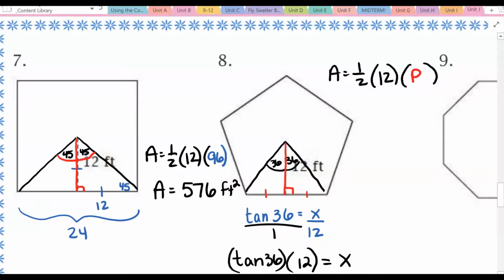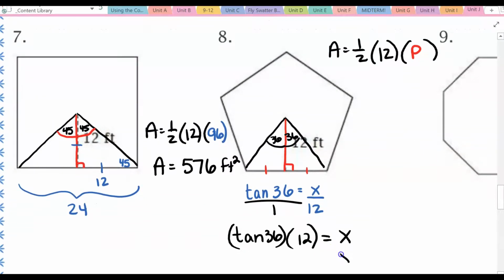So 12 times tangent of 36 tells me that this side measure, or half of the side measure I should say, is approximately 8.7. So if this is 8.7, it means the entire side is double that. So each one of these sides is going to be about 17.4.